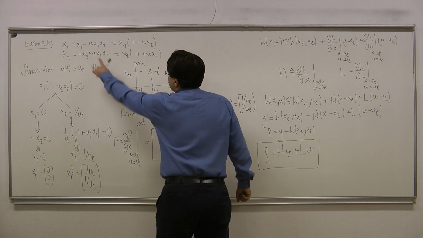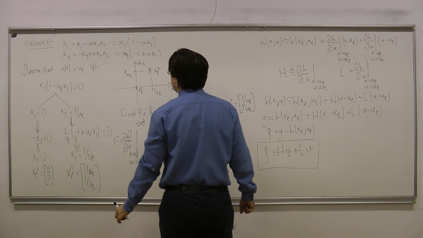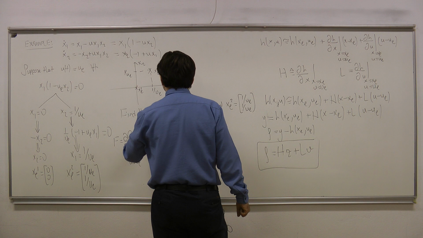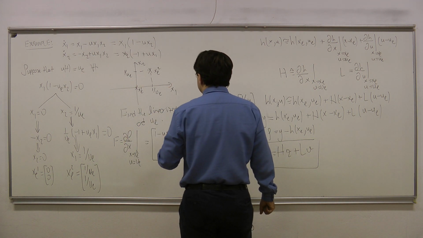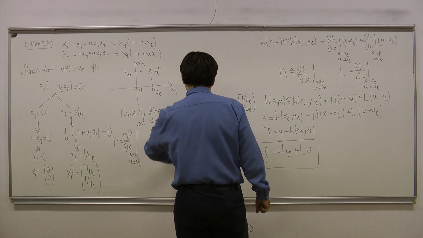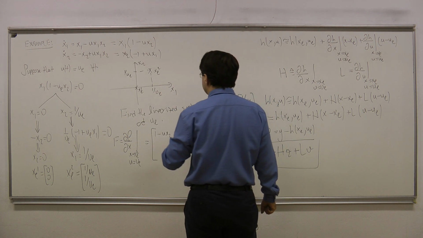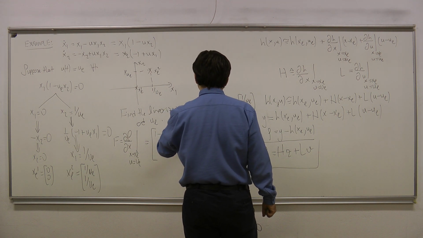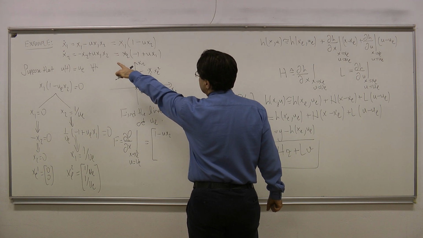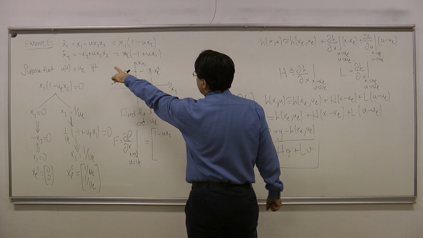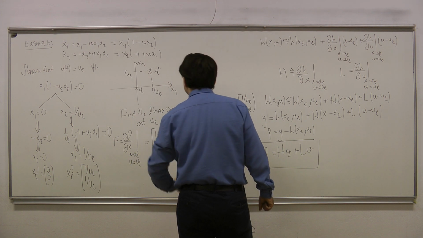So this is my f1. Take the derivative of f1 with respect to x1. You see that it's going to be 1 minus ux2. And the derivative of that thing with respect to x2 is minus ux1. And the derivative of f2, the second function, with respect to x1, is going to be ux2.